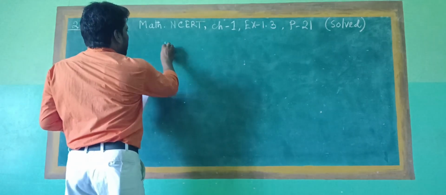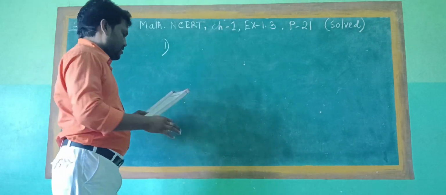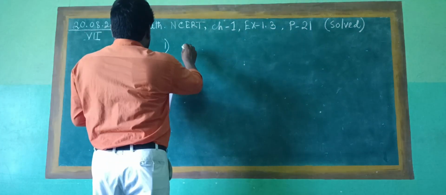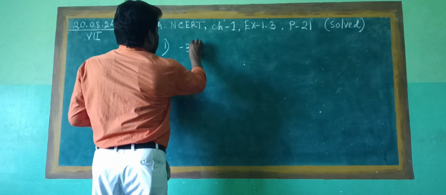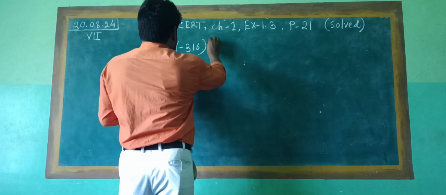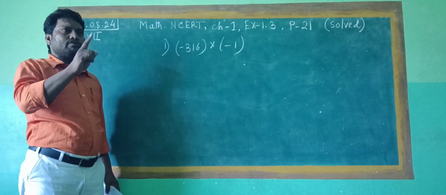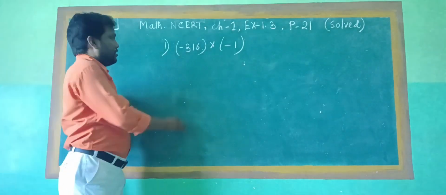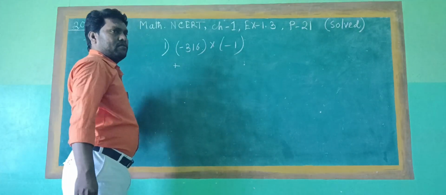Now, question number 1. There are many examples. We are just revising, so only important questions will be solved. Question number 1. Suppose minus 316 into minus 1. Look, at first focus on the symbol. Negative into negative. What will be the sign? Positive.